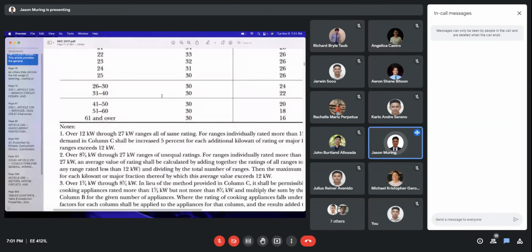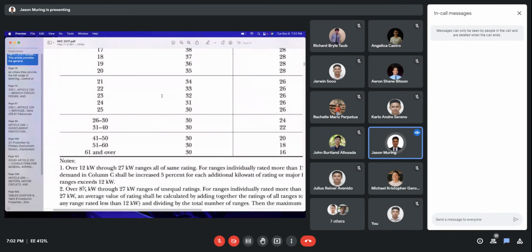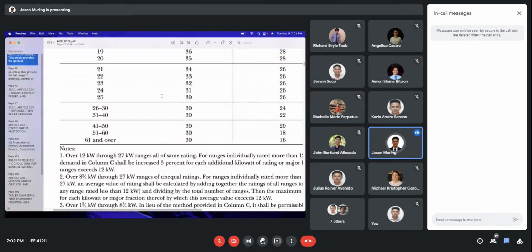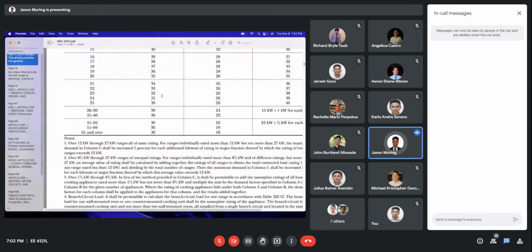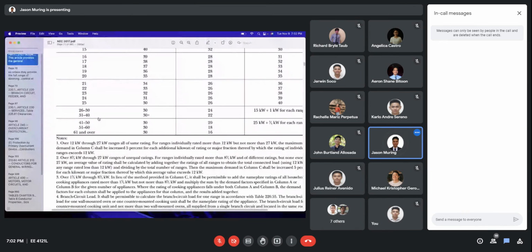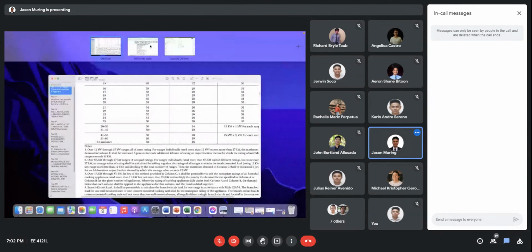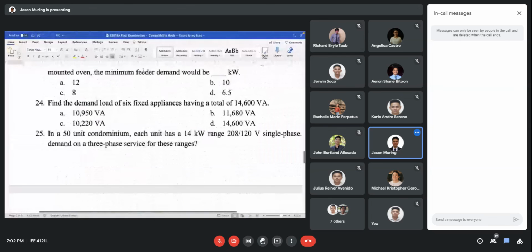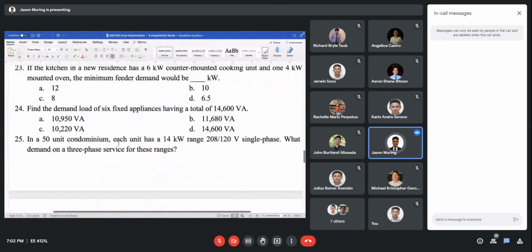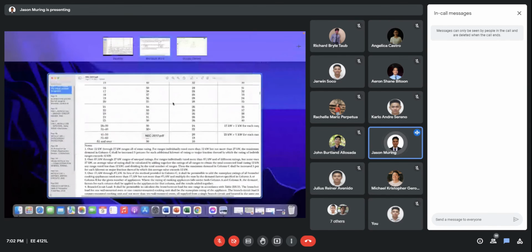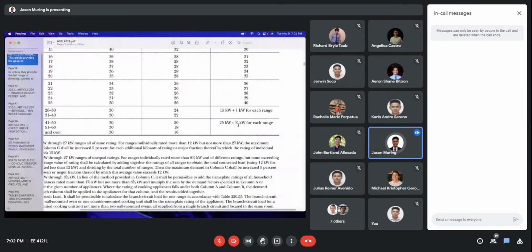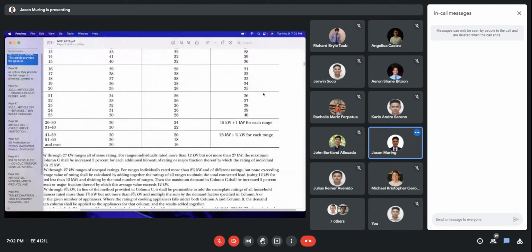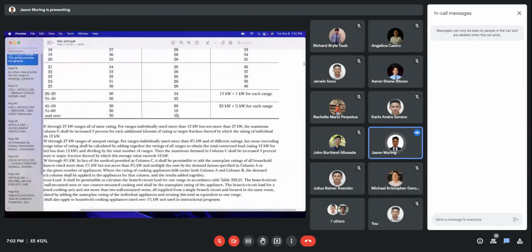Okay, then for most of the mga problems sa board exam, it is usually similar to this one. So kani siya, mga 50 unit condominium, then therefore you have to apply this certain nga mga demand factor aside from this note 1.